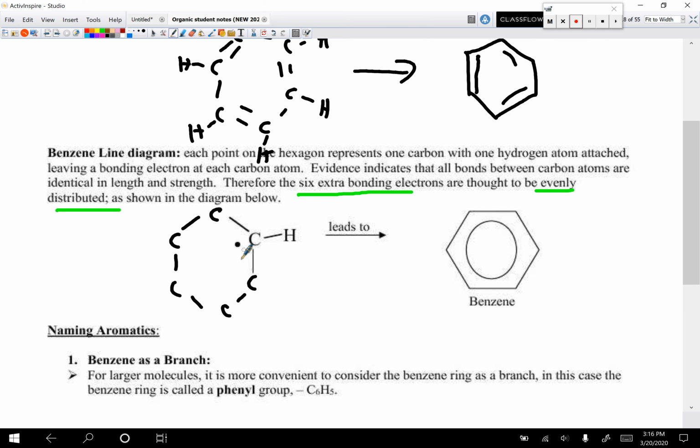And what happens is that we can imagine that the electrons here, that lone pair that came from the bonding, is moving around constantly. All the electrons are in steady movement going around.